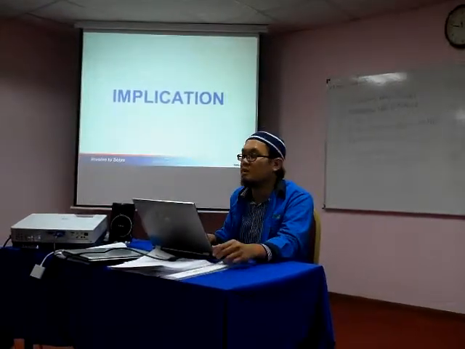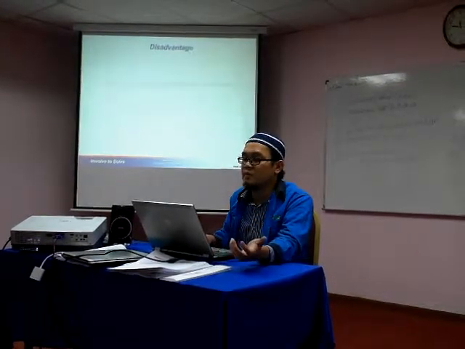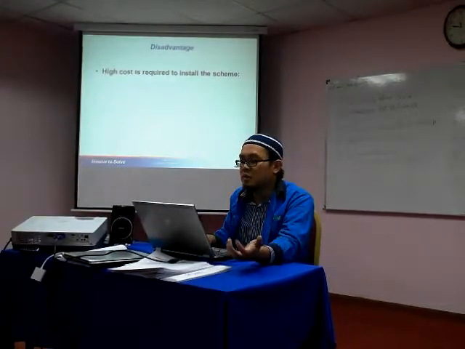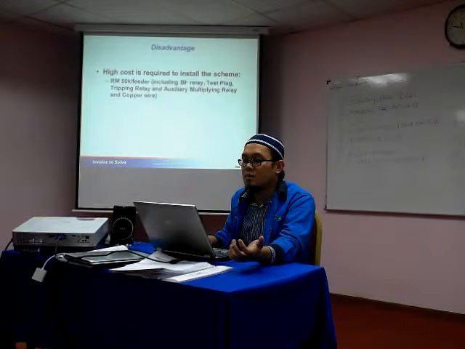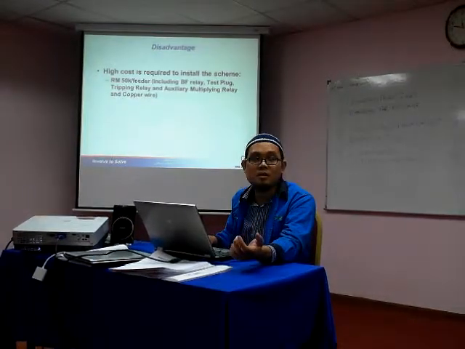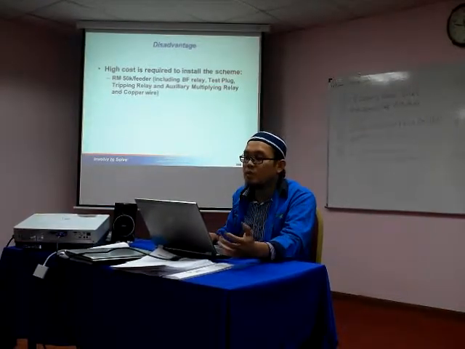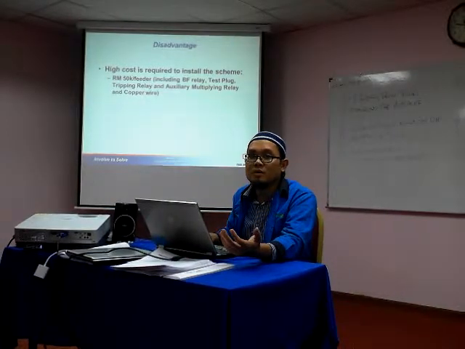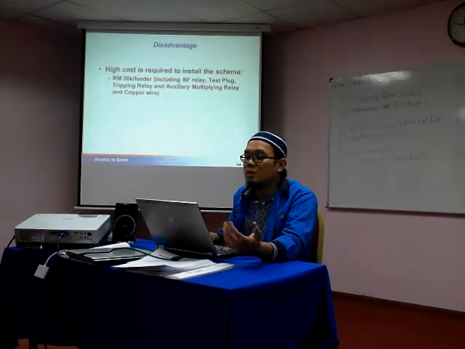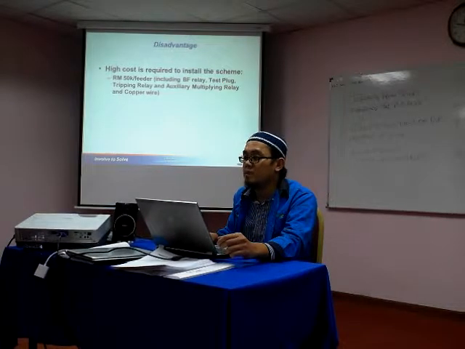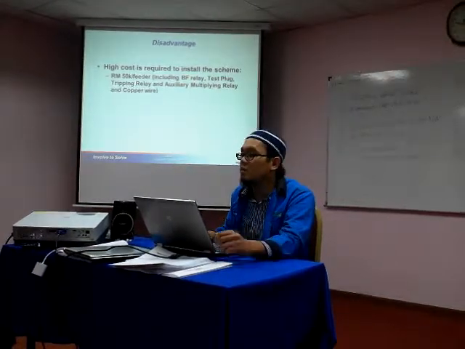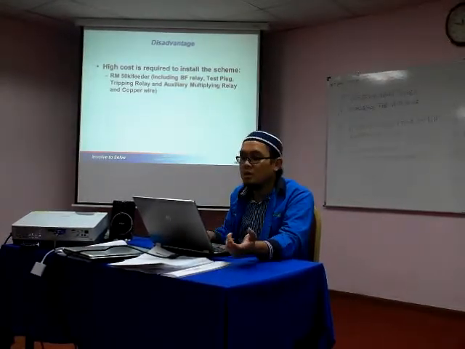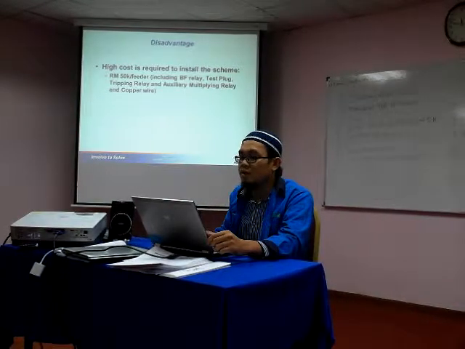When we still use this scheme, the disadvantage is that a high cost is required to install it. Based on our data, we need 50,000 per feeder to purchase the breaker failure relay, test plug, tripping relay, auxiliary multiplying relay, and copper wire.